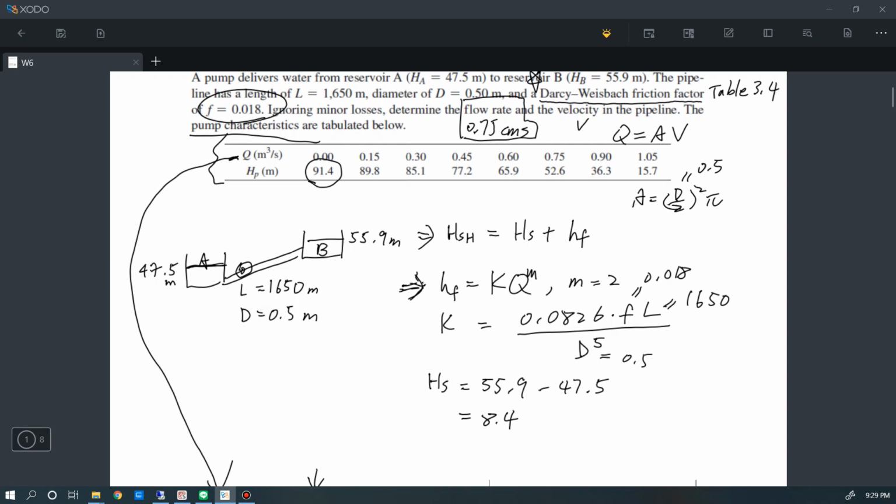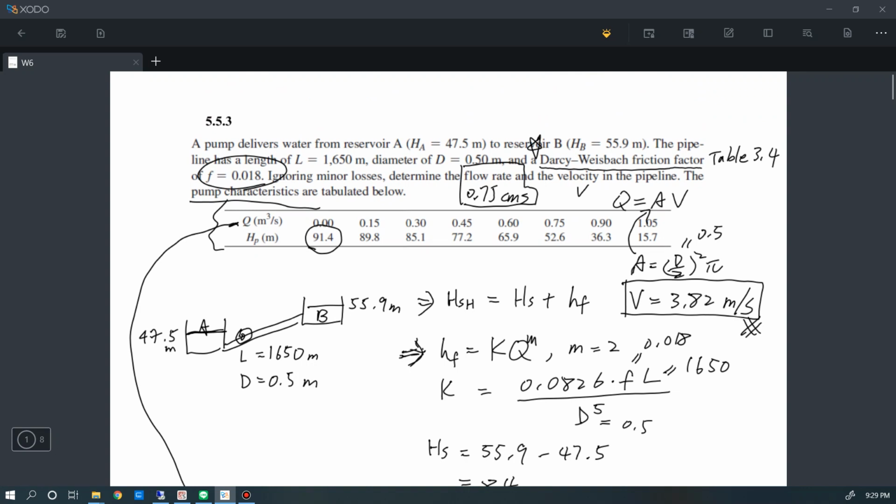So we just plug this area into this equation, and the flow rate is equal to 0.75 cubic meter per second. Then you can easily calculate the velocity. So here I just give you the velocity is equal to 3.82 meter per second. Okay.